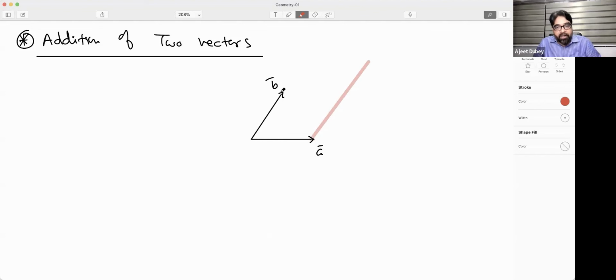And take the other vector's head and draw a parallel line. Wherever they meet, this point is the addition of A and B. This vector will be A plus B vector. This is called the parallelogram rule.